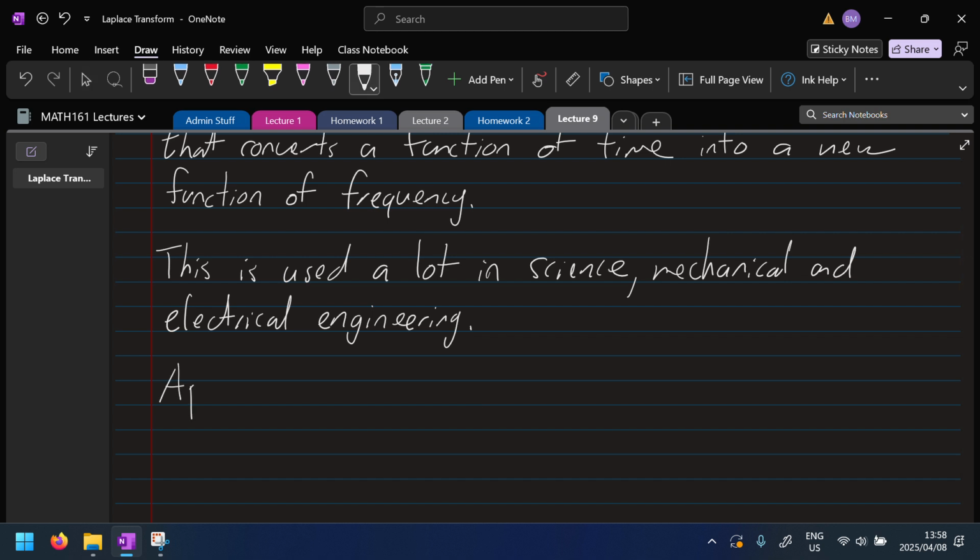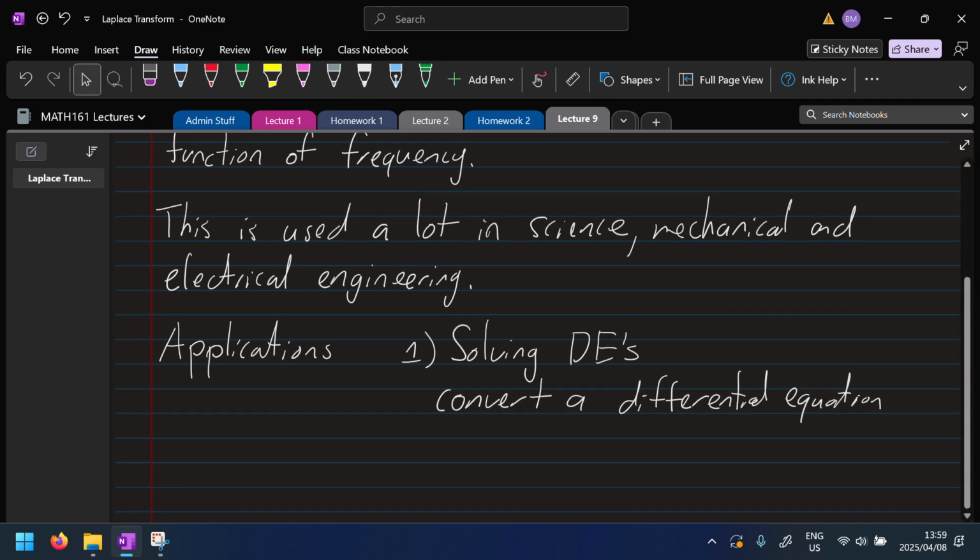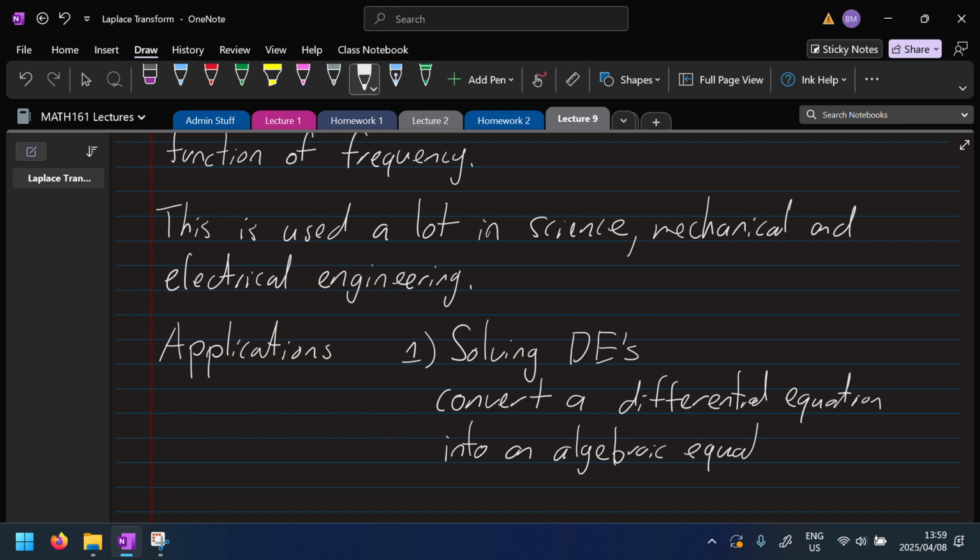Okay, so the two applications, like I mentioned. Number one, solving differential equations. The Laplace transform allows us to convert a differential equation into an algebraic equation that is much easier to solve.